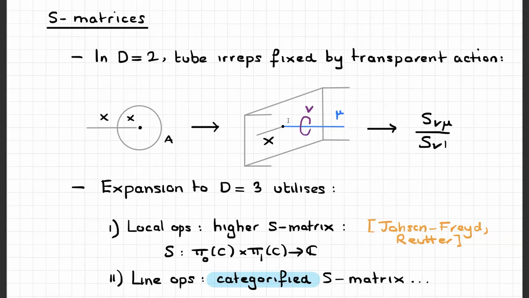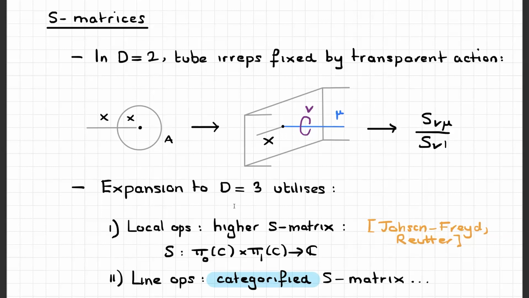And these are exactly actions where you can pull the sphere that's acting out into the bulk. And having done so, the action is controlled by the S matrix in the bulk, basically. And so in 2D, with a 3D bulk, it's captured by the standard S matrix.